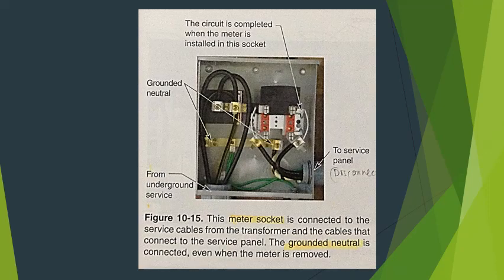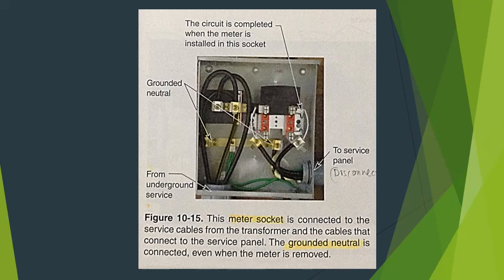Metering equipment. The amount of electrical power used within a residence must be measured so the utility knows how much to charge the customer. The meter is the device that measures and records the amount of electricity used. The meter socket is the receptacle that the meter plugs into. This allows the utility to remove the meter without having to detach any cables.